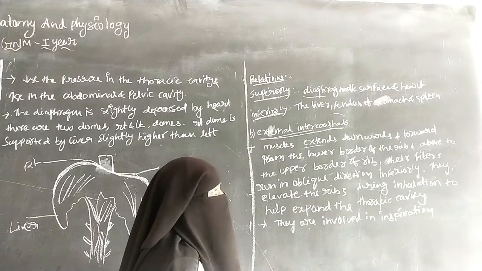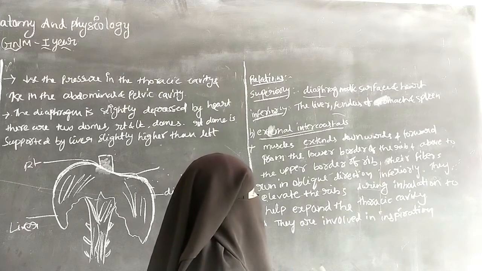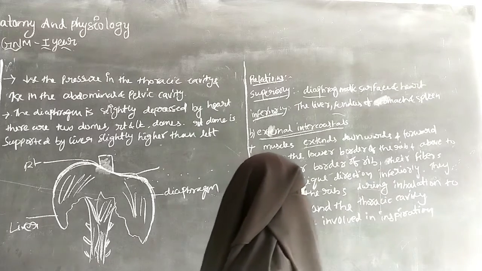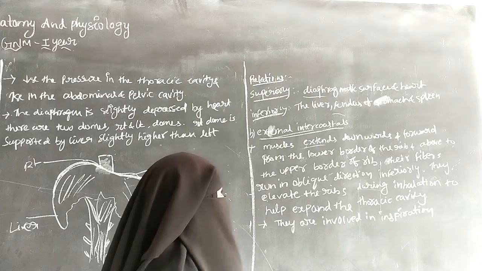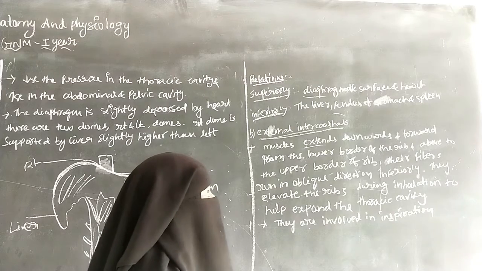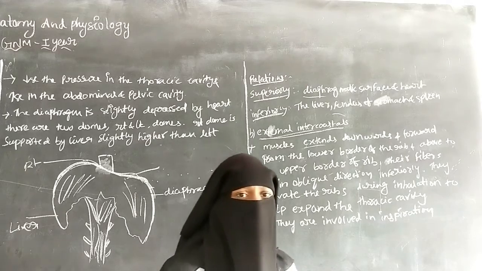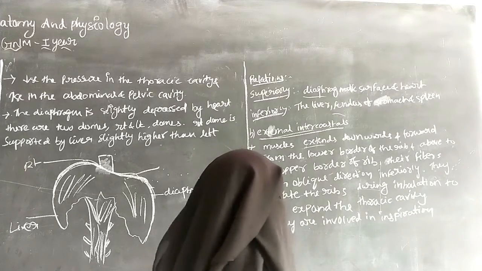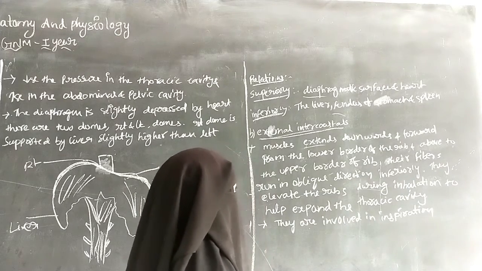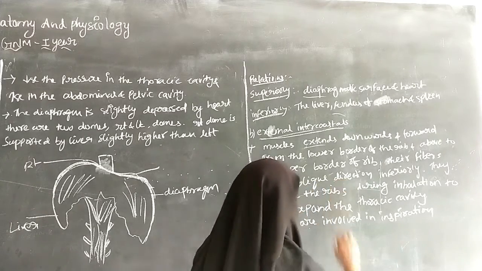The intercostal muscles arise from the lower border of the rib and extend downward and forward to the upper border of the rib below.